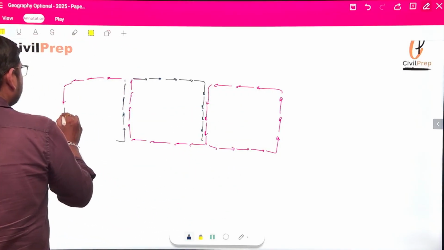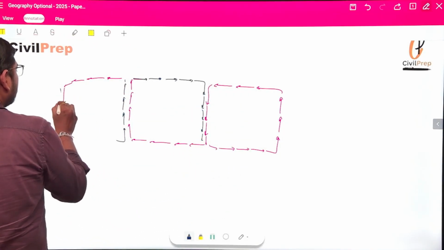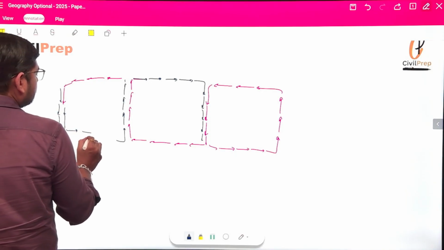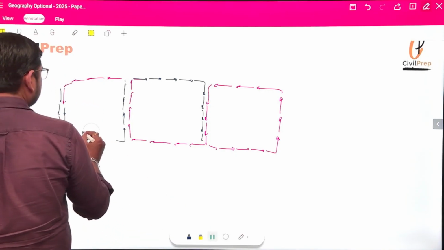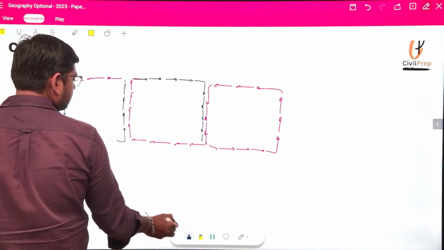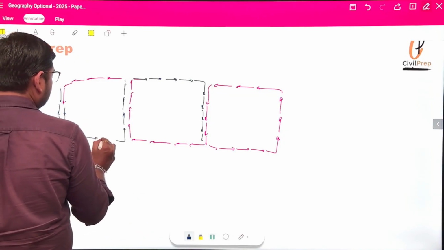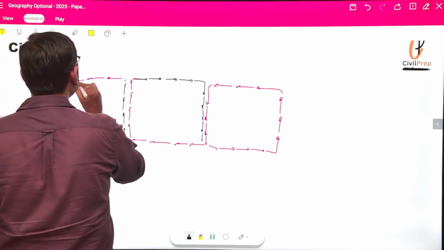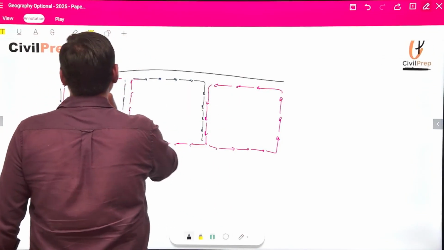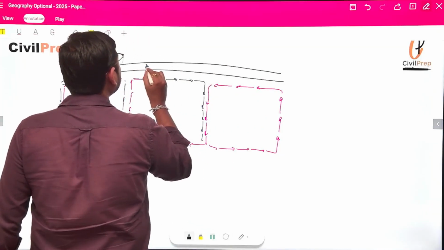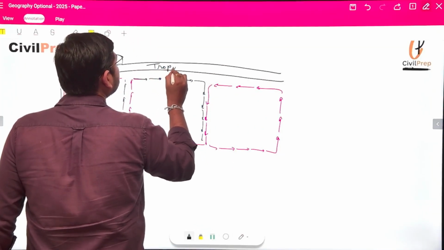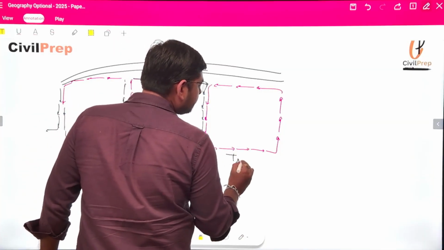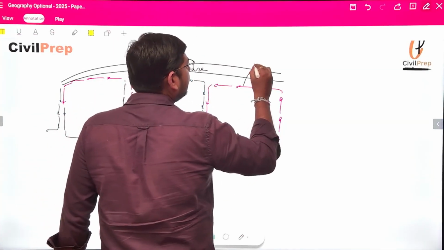Near the polar regions, the winds get cooled. Here we see that there is presence of a tropopause. These are trade winds. These are anti-trade winds.